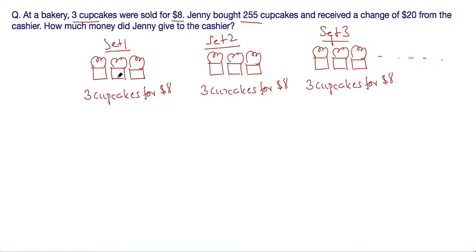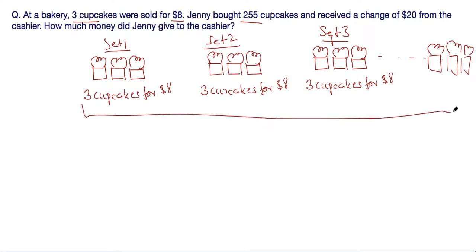Probably a lot more, because you can see here for 3 sets, how many cupcakes are there? 1 2 3 4 5 6 7 8 9 cupcakes. But we know that the total number of cupcakes she has bought is 255.